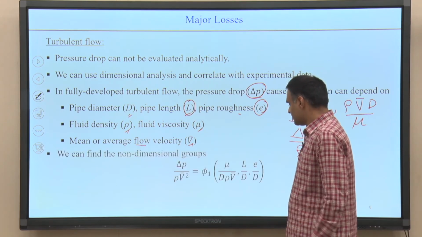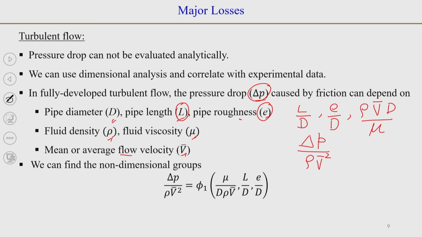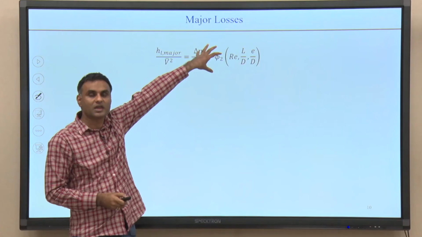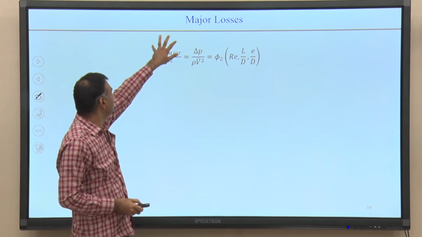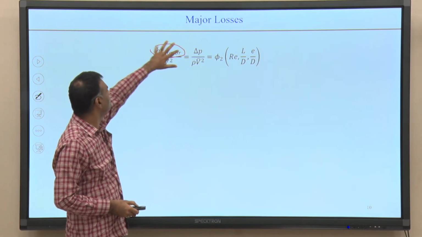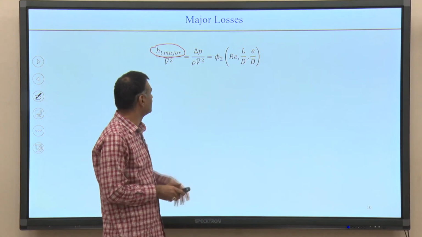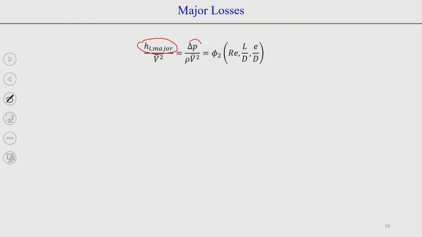So, we can write that delta P by rho V squared is a function of these other 3 dimensionless groups. We found that the major loss HL major is equal to delta P by rho. So, this term delta P by rho V squared will be the major loss divided by V bar squared.